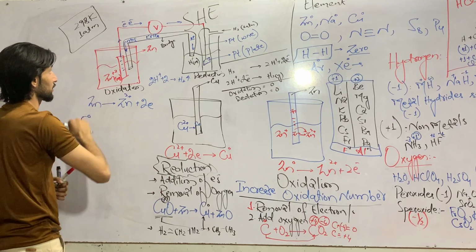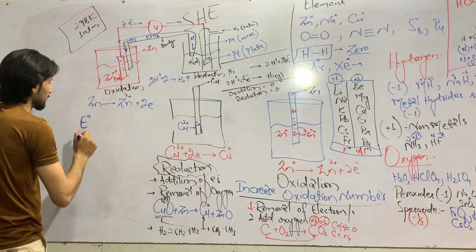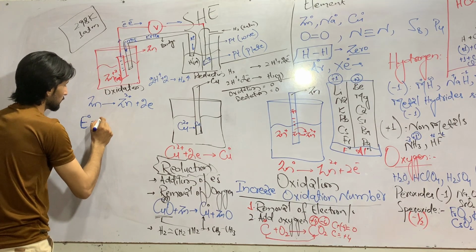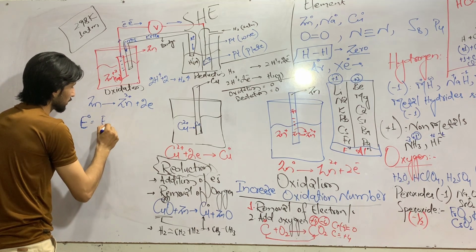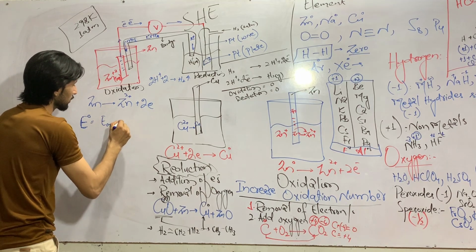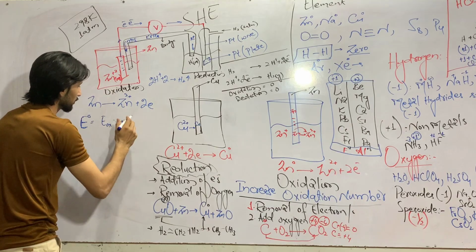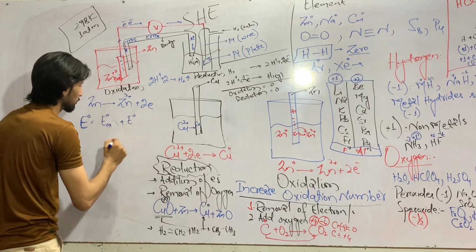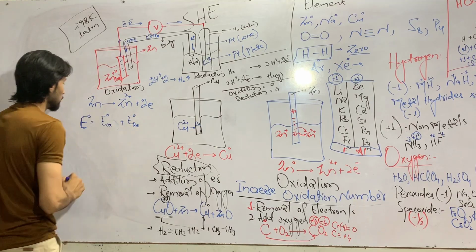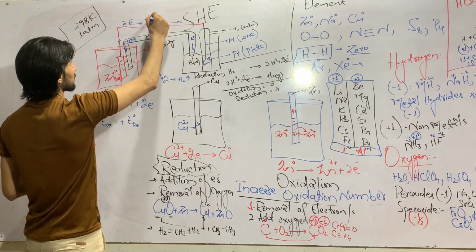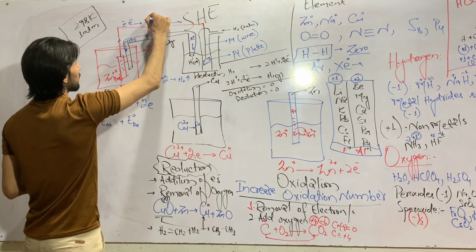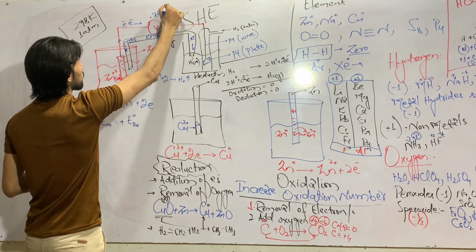So I want to find the standard electrode potential for this reaction. The standard electrode potential will be the electrode potential at the oxidation half cell plus the standard electrode potential at the reduction half cell. So I find the electrode potential over here. The voltmeter was reading 0.76 volt.